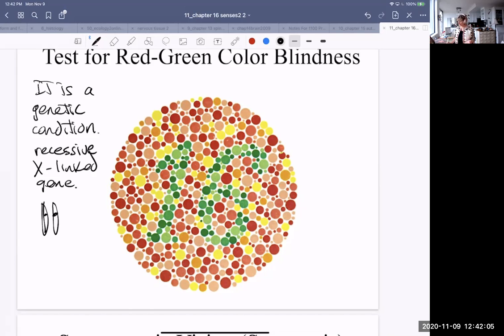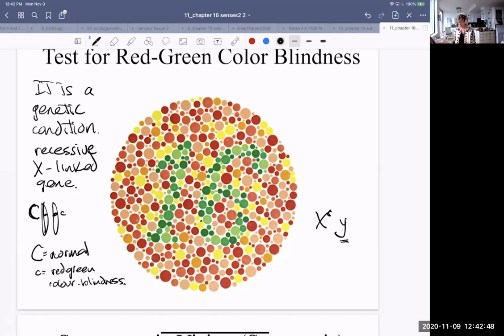If we have the colorblind recessive allele, it doesn't matter if we have the dominant one. The dominant is normal vision, and the recessive is red-green colorblind. There are different kinds of color blindness. But for males, if they get an X chromosome that has the recessive allele, the Y chromosome doesn't have anything to mask that allele.